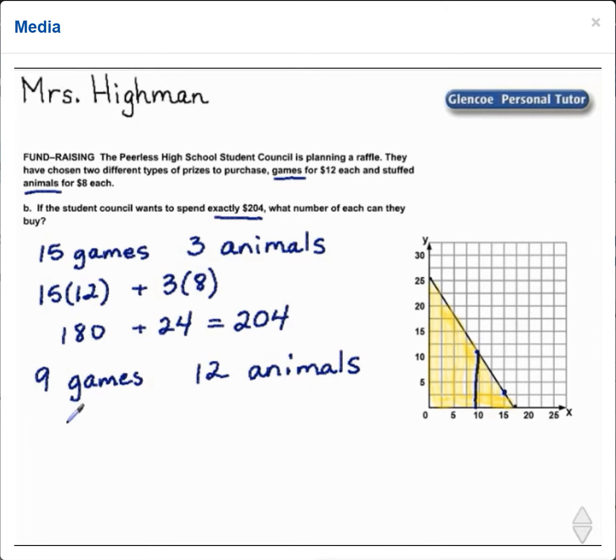So we're going to take 9 times 12 and add that to the cost of the stuffed animals. So 12 of those times 8. So that's 108 plus 96. And again, that equals $204. There are some other values that you can find along here, and this is how you can check it.